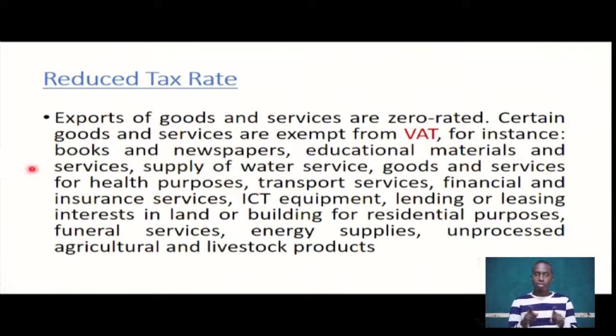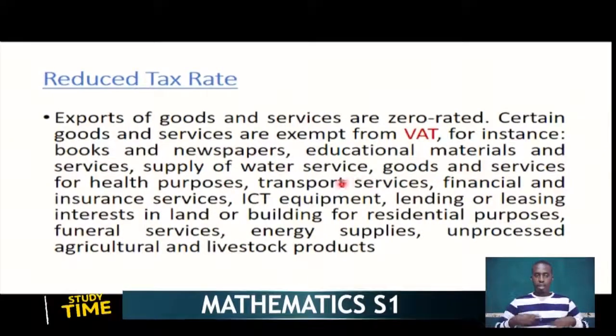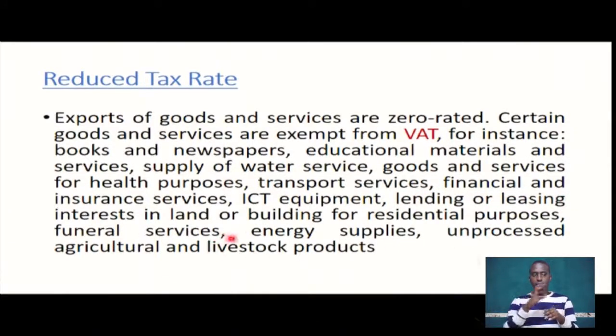For instance, books and newspapers, educational materials and services, supply of water service, goods and services for health purposes, transport services, financial and insurance services, ICT equipment, lending or leasing interests in land or building for residential purposes, funeral services, energy supplies, and processed agricultural and livestock products.